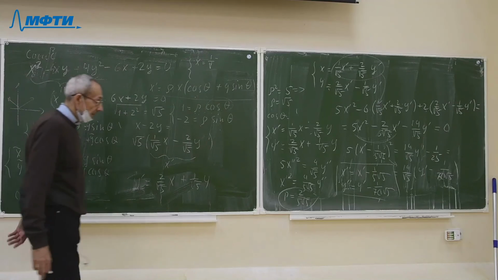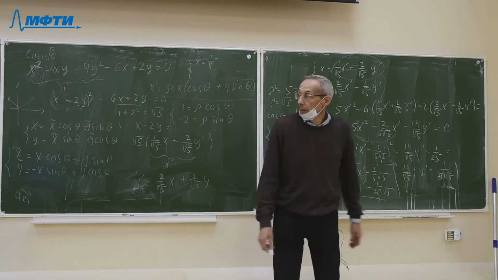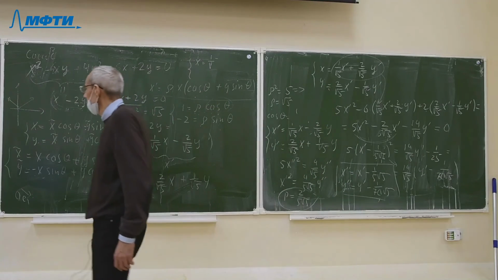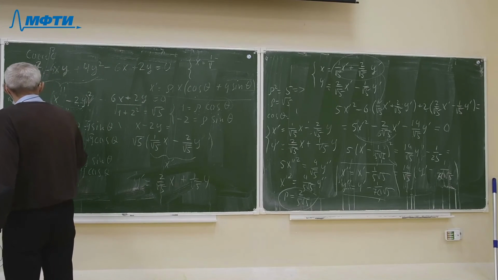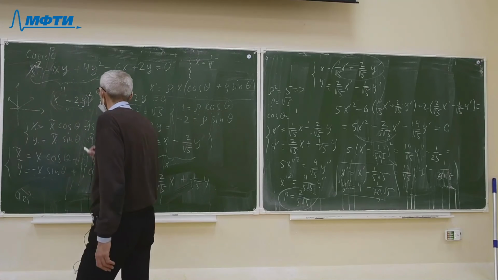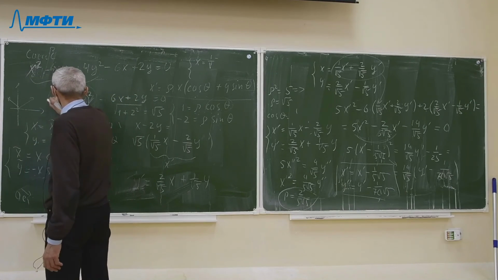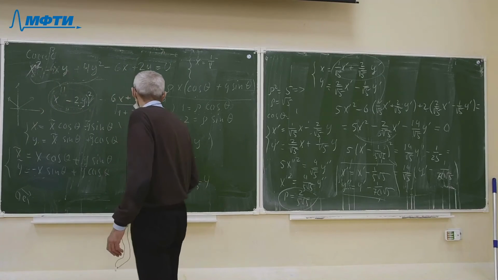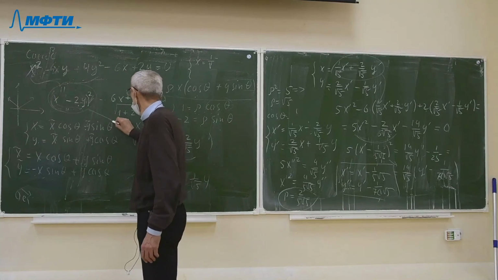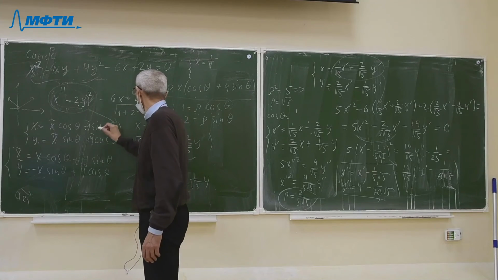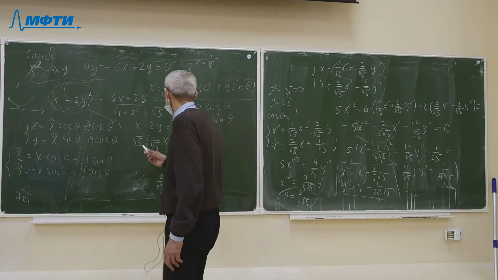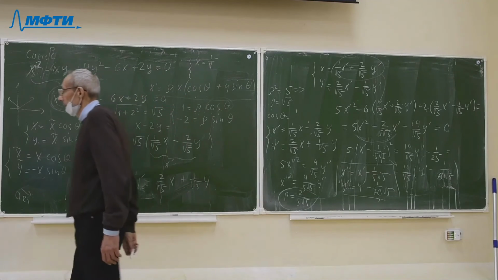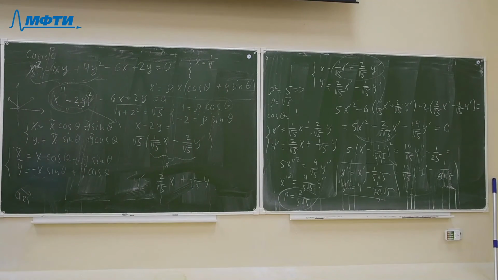But in your solution, it was sufficient to show that we obtain a parabola in this case, and this calculation, reducing to this form, gives the answer, and it is easy to see that we obtain the parabola.